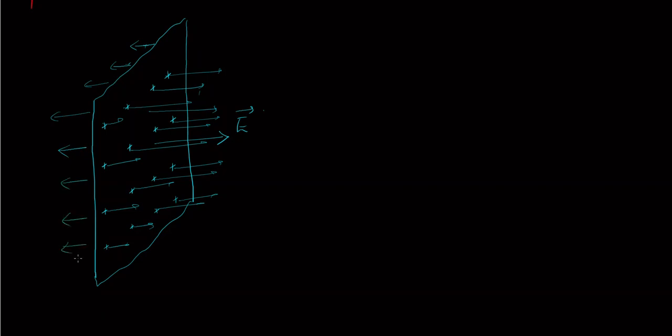So you can see that the plane sheet is quite thin. There is electric field going towards the right side of the plane sheet and electric field going towards the left side of the plane sheet from behind.